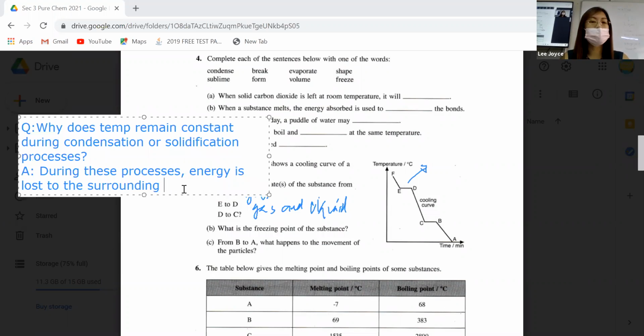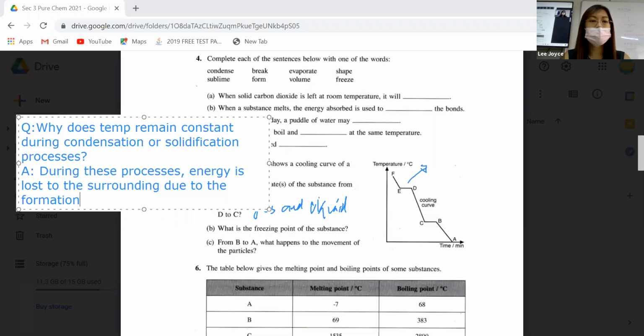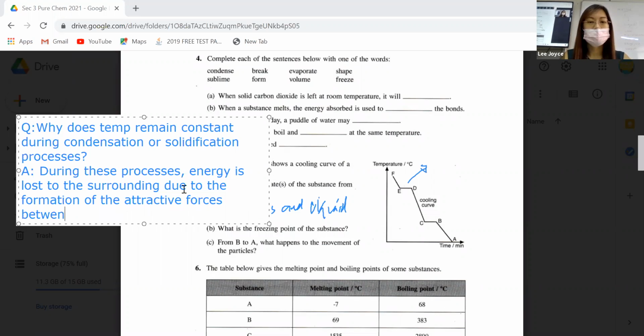And the energy is lost to the surrounding due to the formation of the attractive forces between the particles. It's not due to the drop in the temperature. Got it?